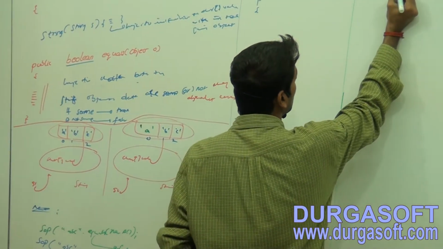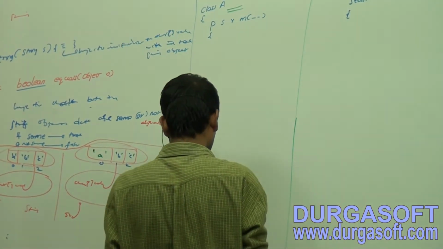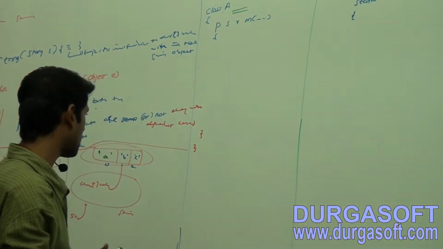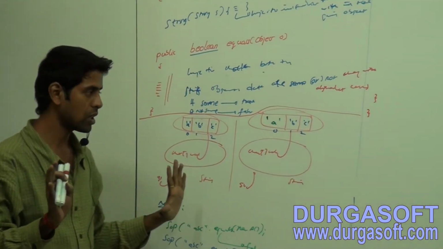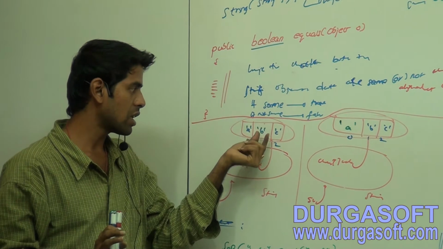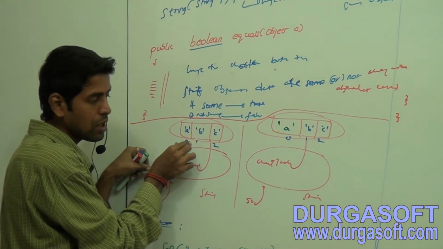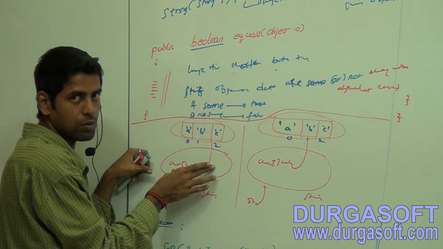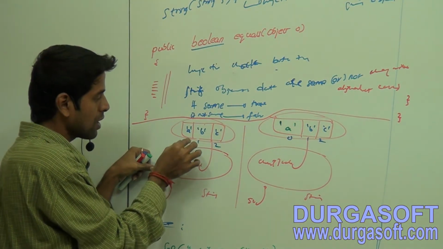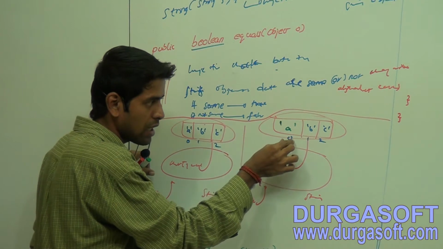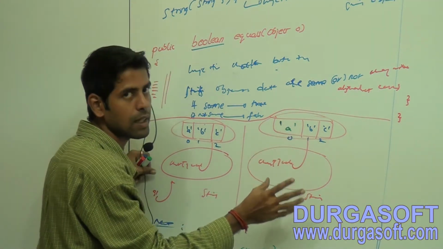Now observe this implementation. Simple thing, let me explain first. The overall logic is simple: you have to check each and every index element of the first object with the corresponding index element of the second object.